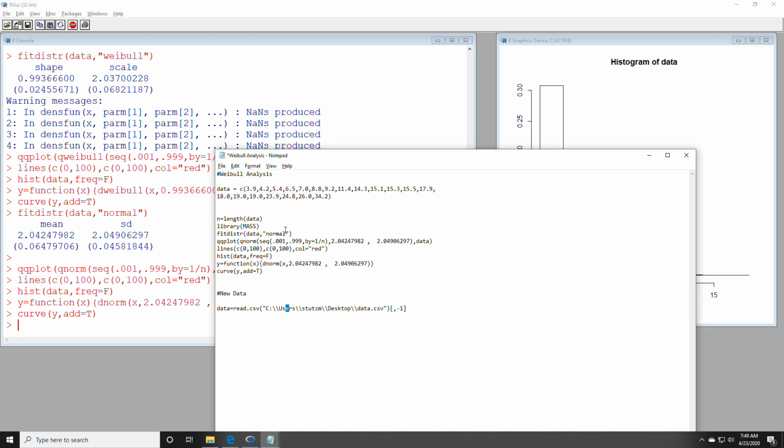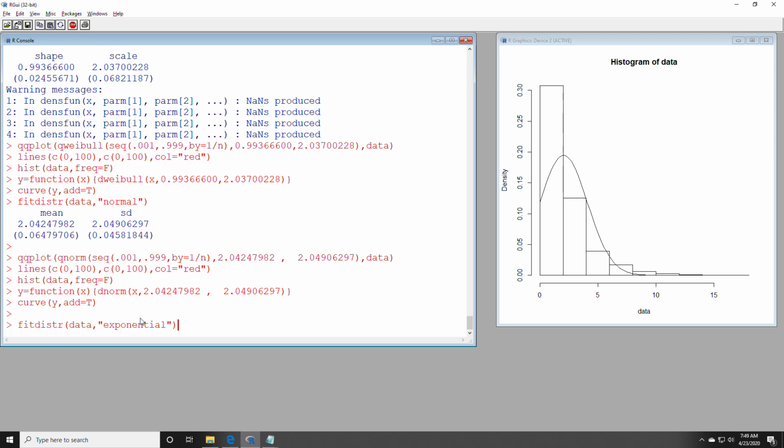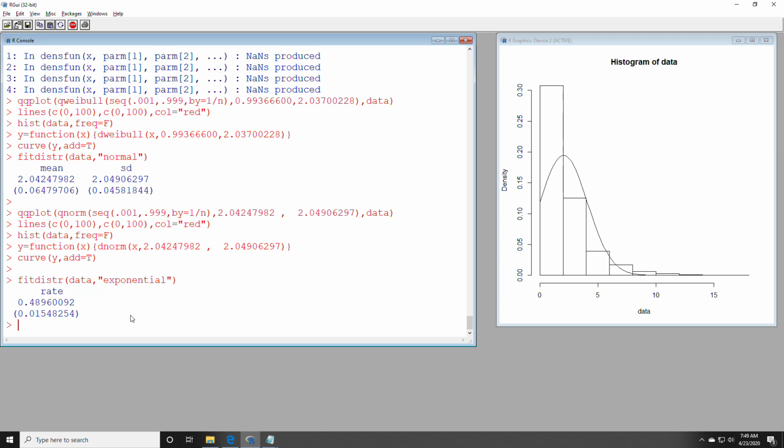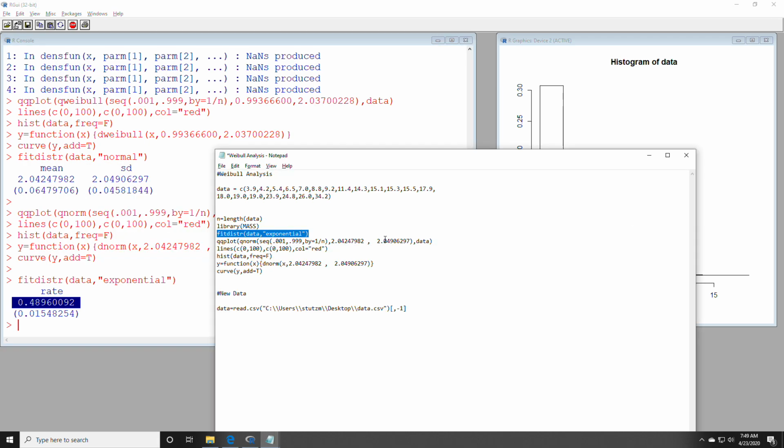Now the Weibull distribution looked quite nice, but we have one more, the exponential. We need our maximum likelihood estimates, which is just going to be one, only one parameter in the exponential distribution.